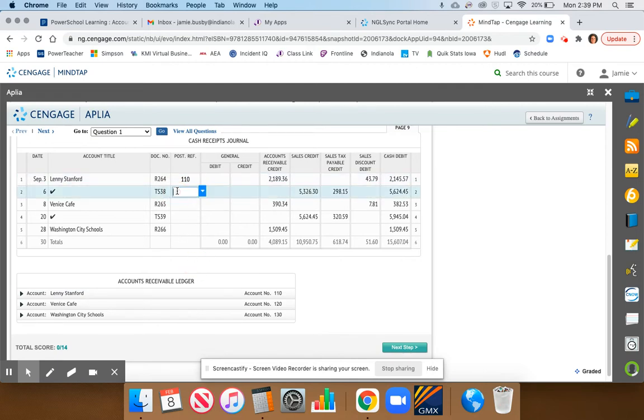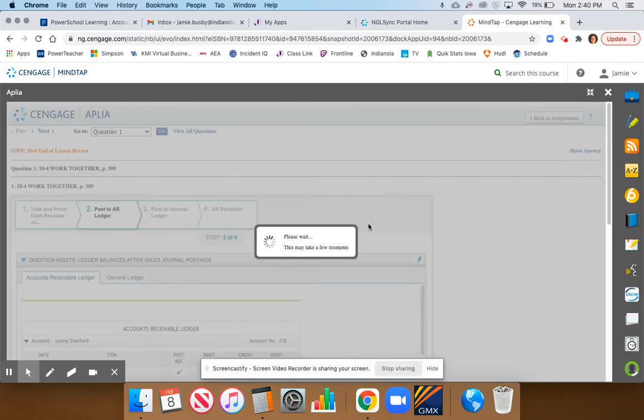On the checkmark entries, we have nothing to post because those numbers are only in special amount columns that we post at the end. So we could actually get those check marks in there for those. You'll follow the same process for Venice Cafe and Washington City Schools as we did for Lenny Stanford, posting those rows individually using the accounts receivable amounts.